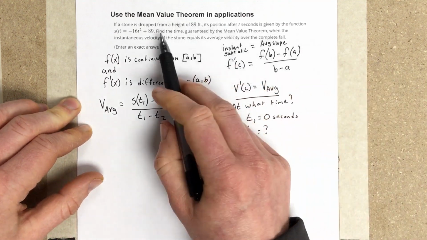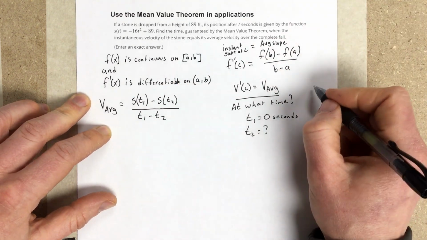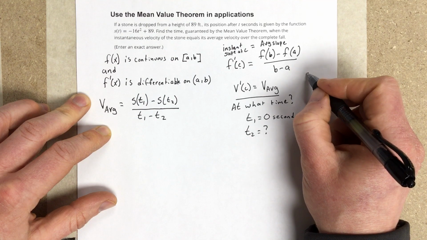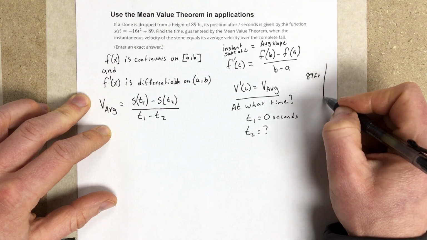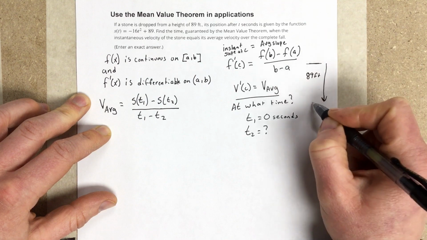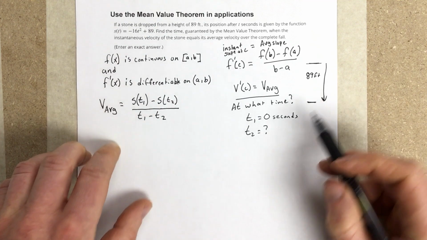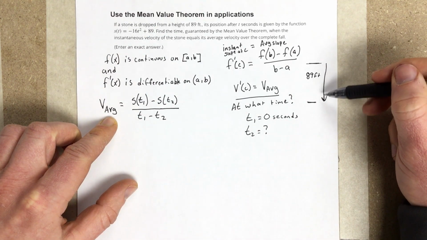So we know that we start at 89 feet and we drop a stone. So the picture here would be like 89 feet being dropped from some height, an 89-foot drop landing here. And we want to find the average velocity for this piece here.